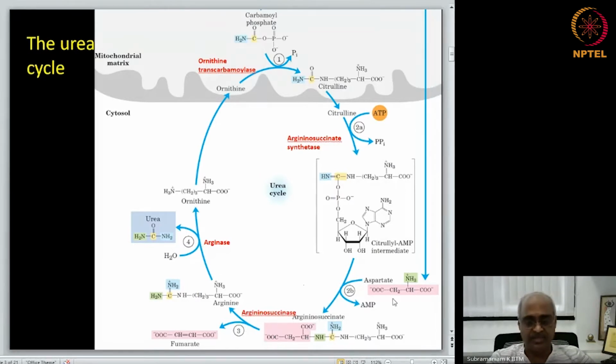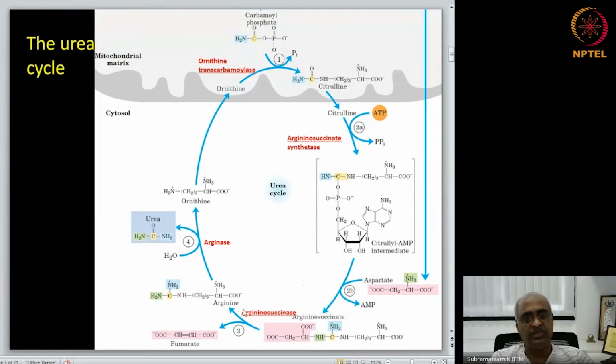You can easily understand that aspartate probably comes from hydrolysis of proteins as the free amino acid, or oxaloacetate forms aspartate through transamination. That is how aspartate can come. So this is the other amino group, one here and the other here, and the 2 are preserved even when we remove this aspartate's carbon skeleton as fumarate, and then both of them are removed in the form of urea.